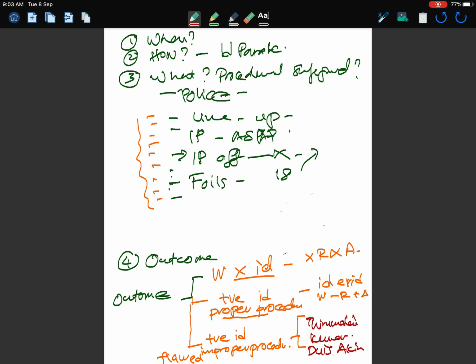Also, the case of Dus Akim. Also, the case of Joachim, and the case of Pasupati. Whereby, if there is a positive identification but the procedure is flawed, these cases basically say to you that you got to look at the breach. If the breach is fatal, then it goes to the roots of the identification.